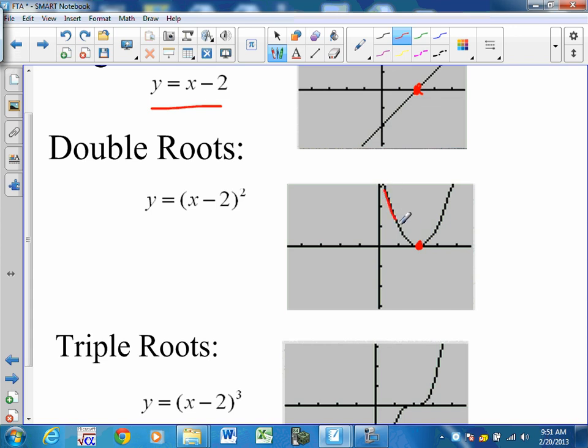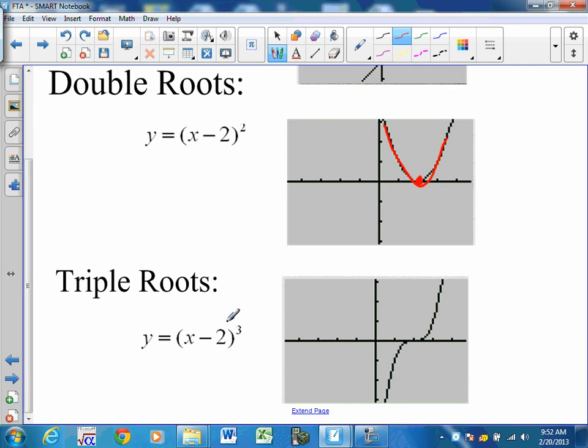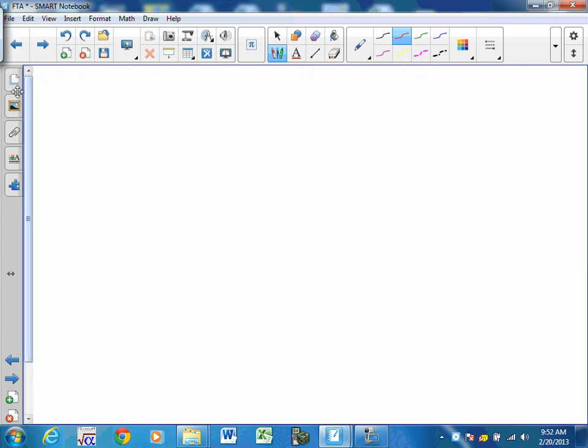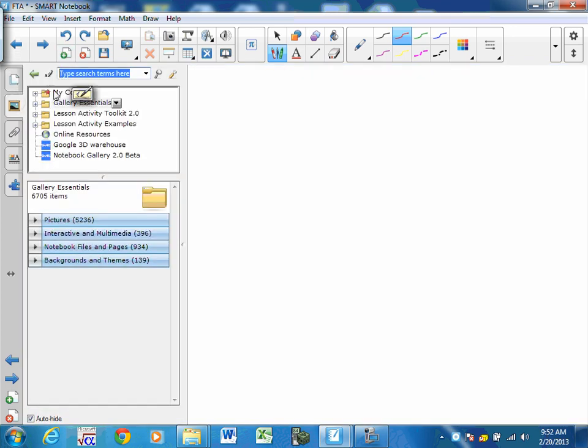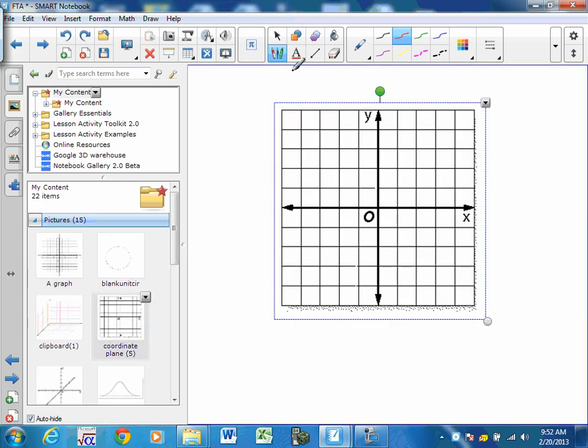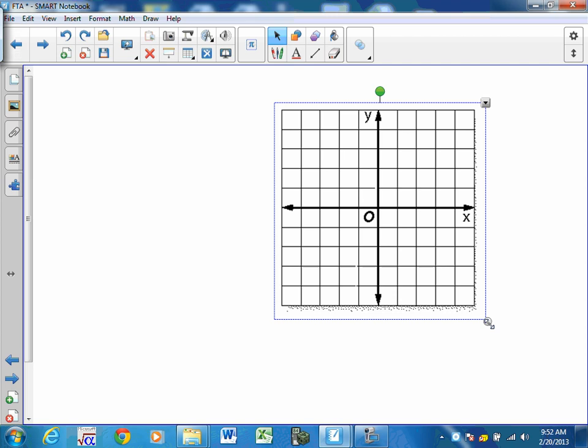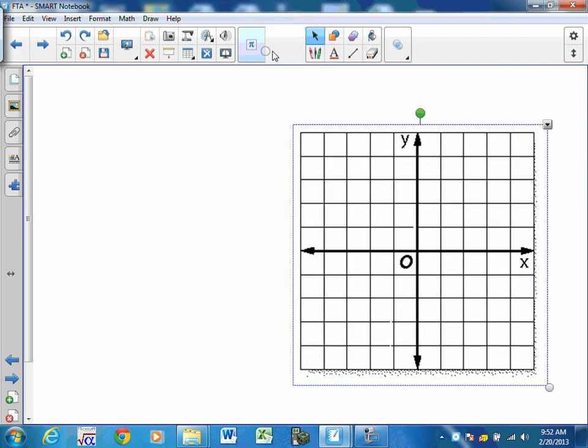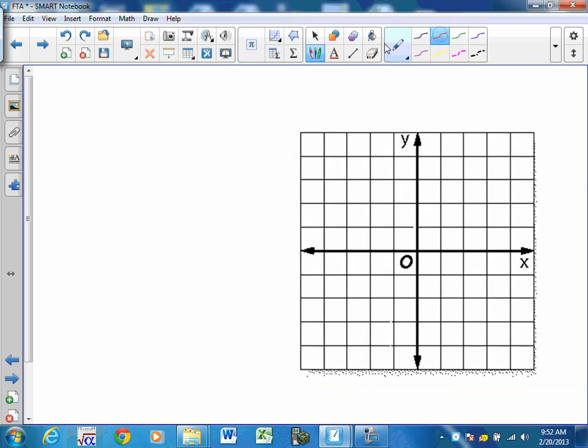Let me show you what these pictures represent with an example. Let's say I had y equals x plus 2. That means I know it crosses at negative 2. If I had x minus 1 squared, that means this is also a root, but that's a double root.